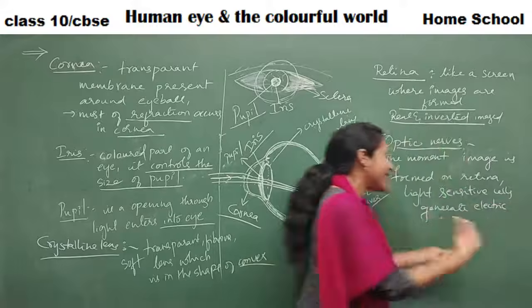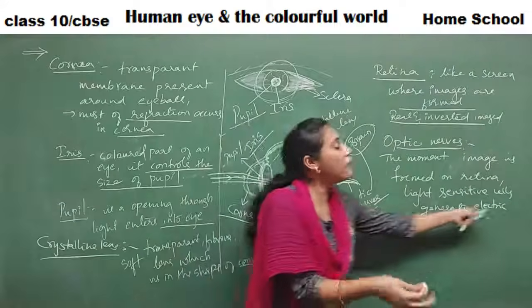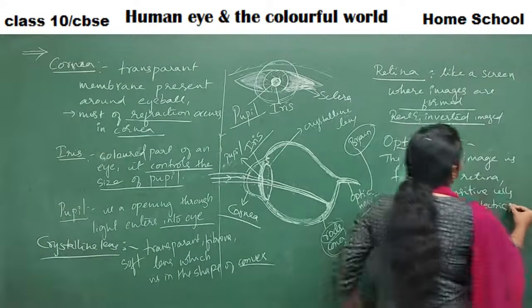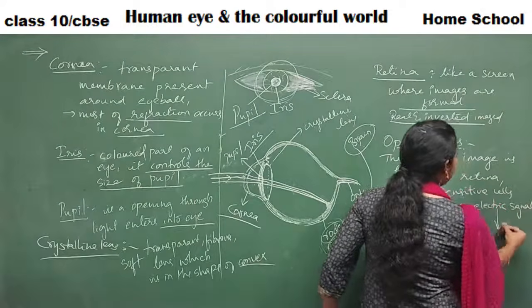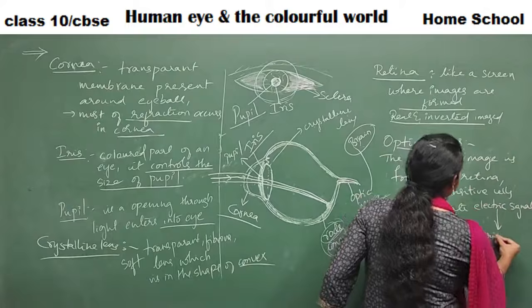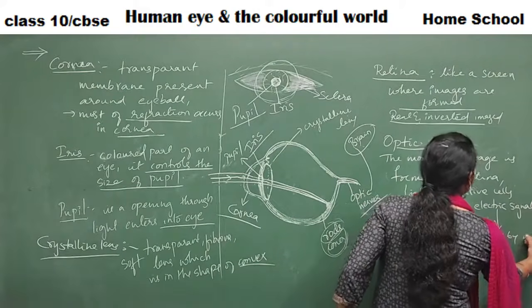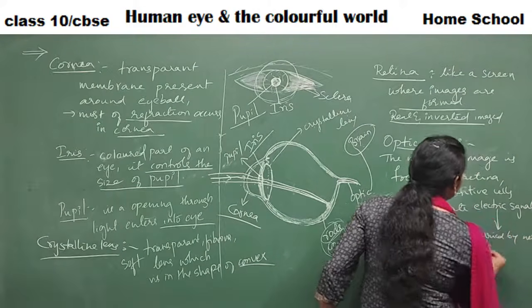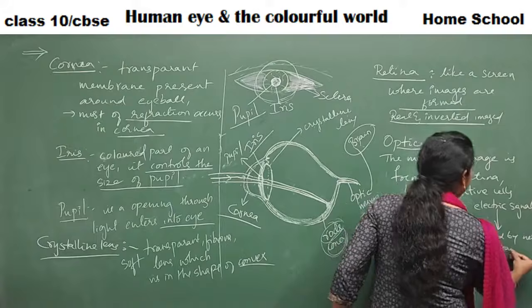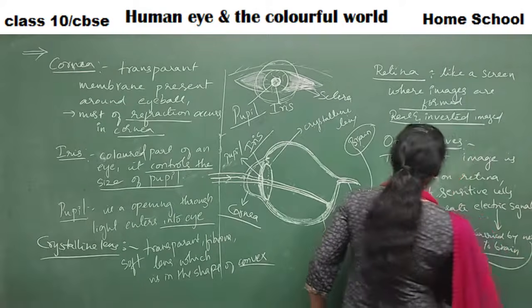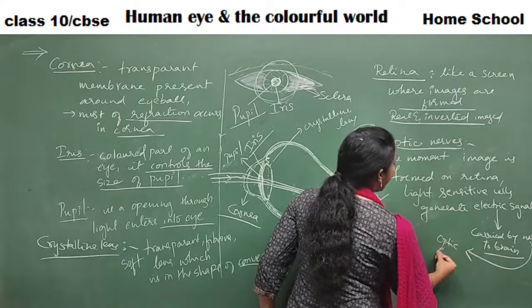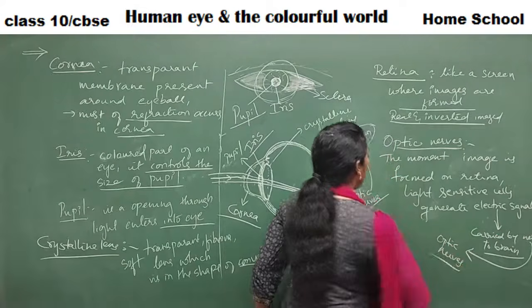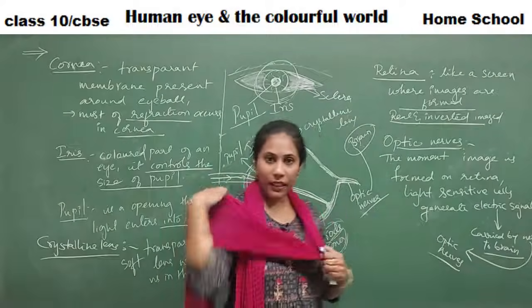That means it generates information about the image in the form of electricity. That is what we call electric signals. These electric signals are carried by nerves to the brain. These nerves are called optic nerves. That is the duty of optic nerves here.